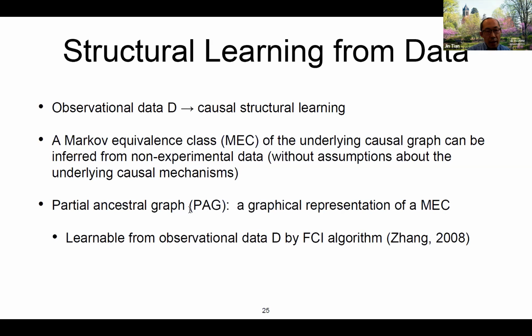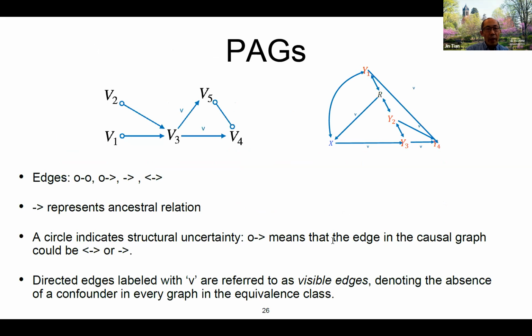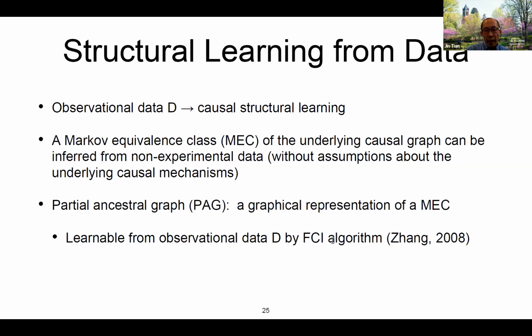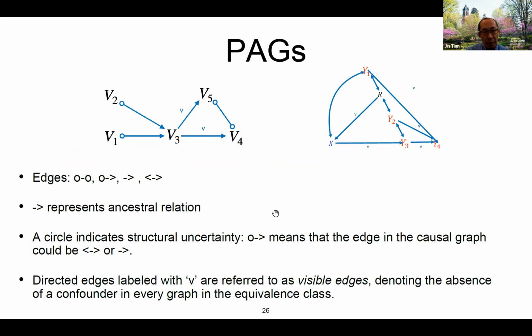Specifically, we will consider the partial ancestral graph, or PAG, which provides a graphic representation of a Markov equivalence class of graphs. And a PAG can be learned from observational data by, for example, the FCI algorithm. So in this approach, we are going to assume we know the PAG.